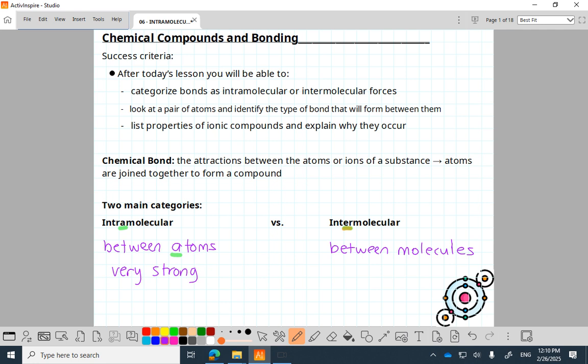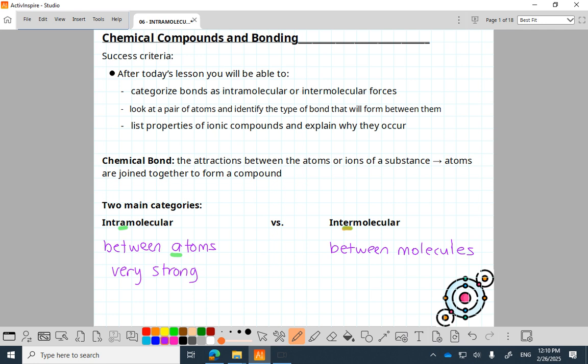And we'll talk about different classes of intramolecular bonds, and some of them are so strong that you need to melt metals to hundreds of degrees Celsius, which we obviously can't do in this lab.